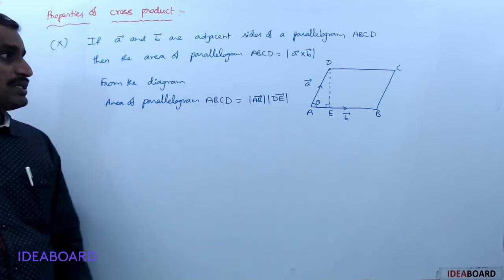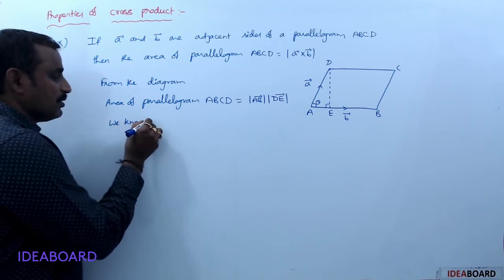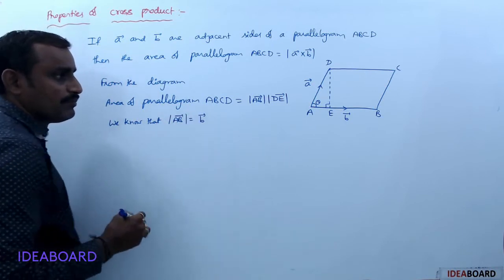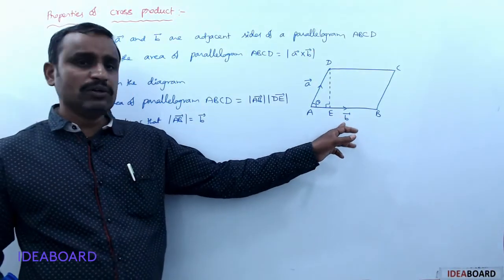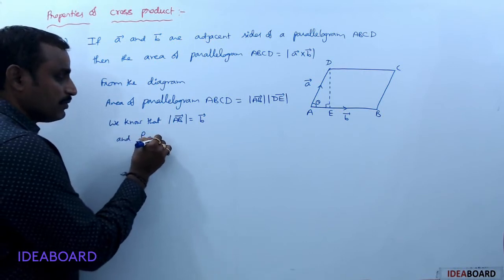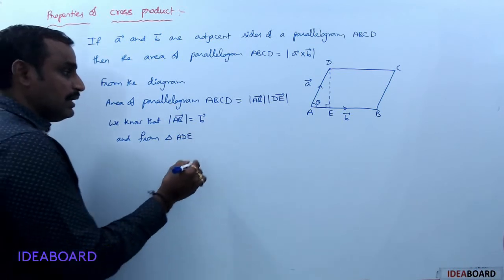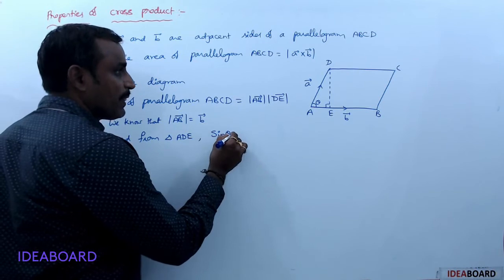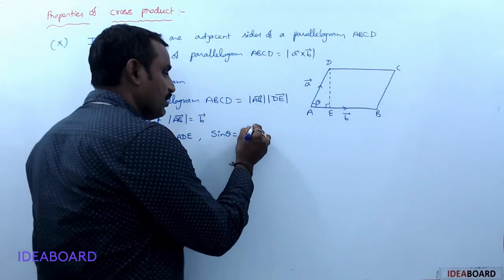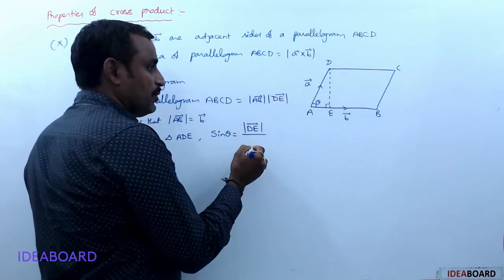We know that magnitude of AB bar is equal to B bar, and from triangle ADE, sin theta is equal to opposite side DE bar magnitude by hypotenuse AD bar.